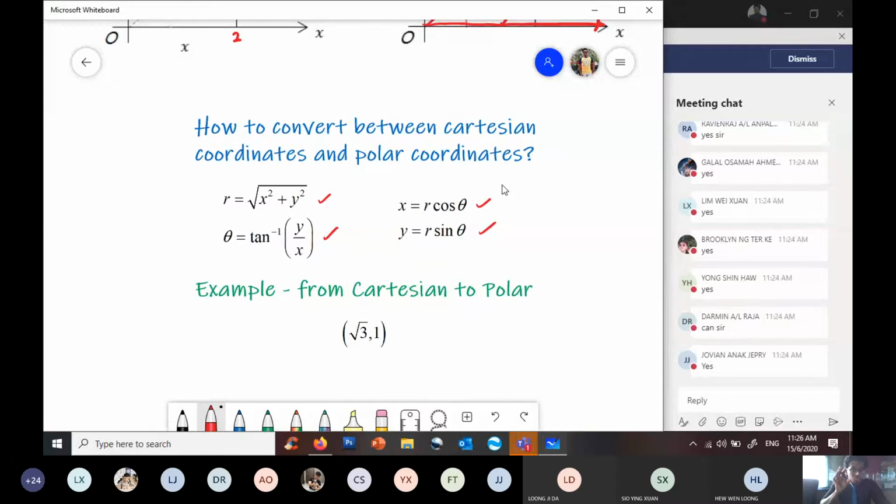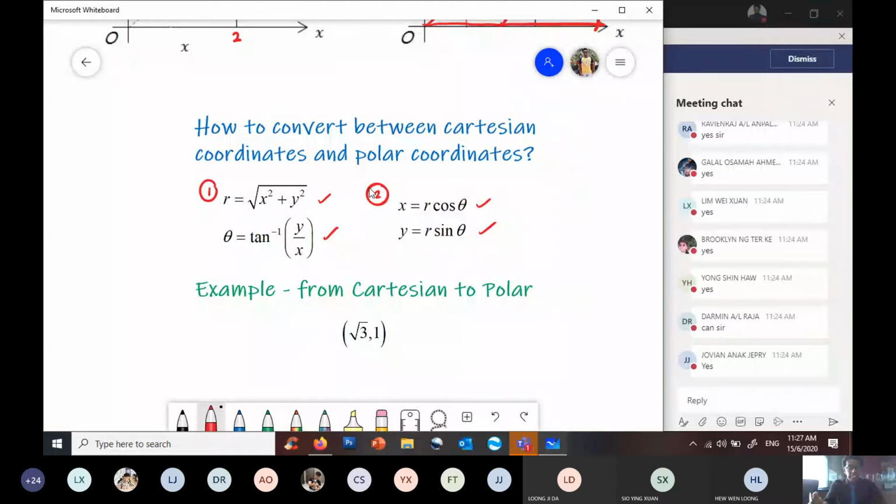Now, if you know your x and y and you want to get your r and theta, you can use the first pair of formulas here. On the other hand, if you know your r and theta and you want to convert back to x and y, you can use the second pair.